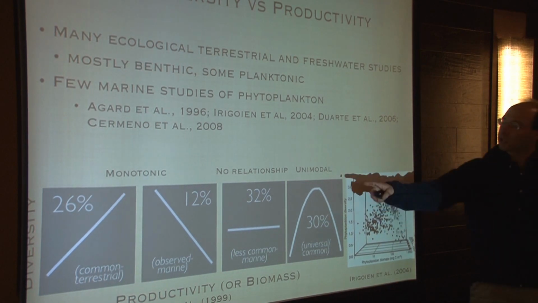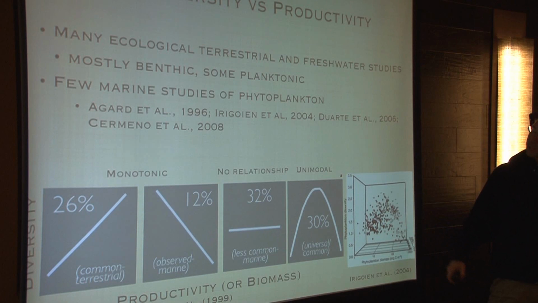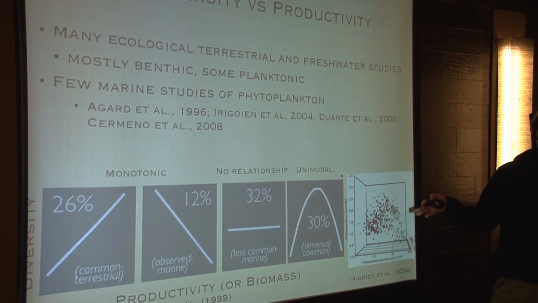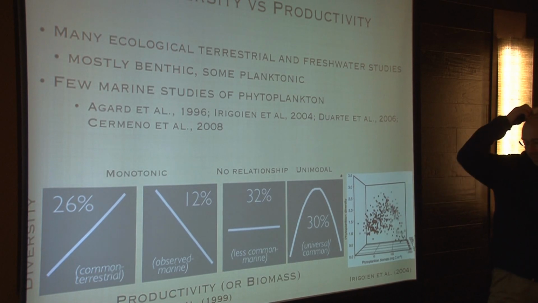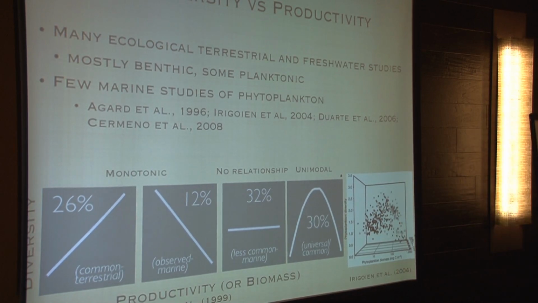And the unimodal relationship is sometimes argued to be true by figures like this, which is hard to see a unimodal relationship in. It certainly has highest points up here, but it just looks like a big blob to me. So anyway, this is kind of an interesting basic ecological question: what is the relationship between diversity and productivity?